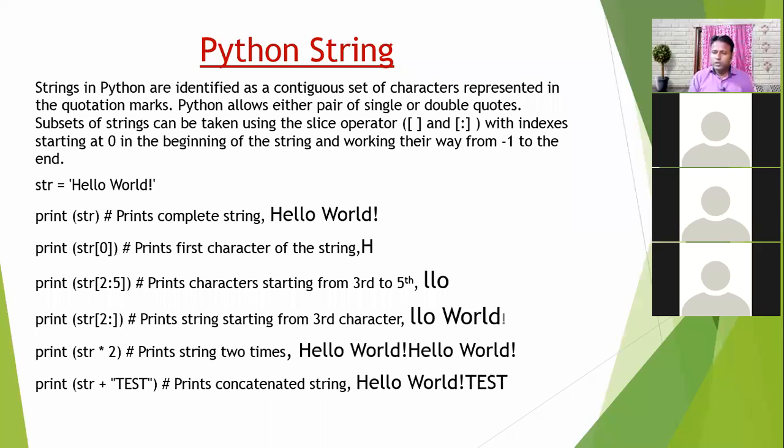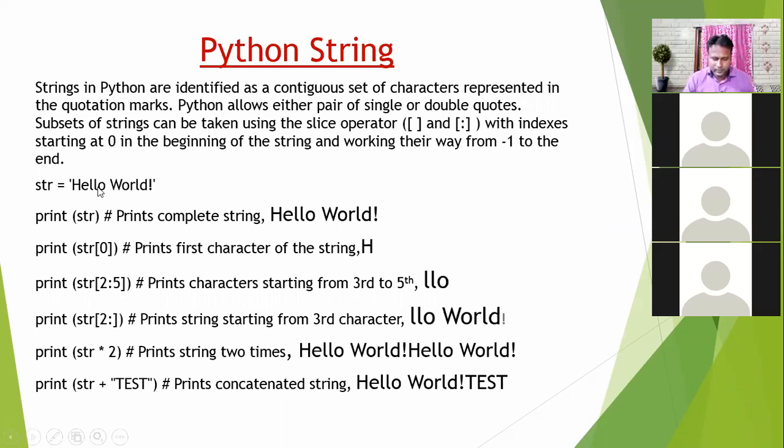When you store a string in a variable, and if you want to access any character in the string, then we use indexes. We pass the string value, and if you want to access any character, then we pass the index number. Here I pass hello world.